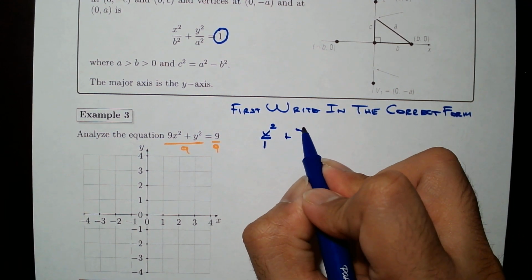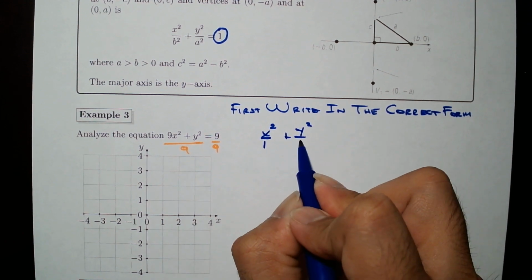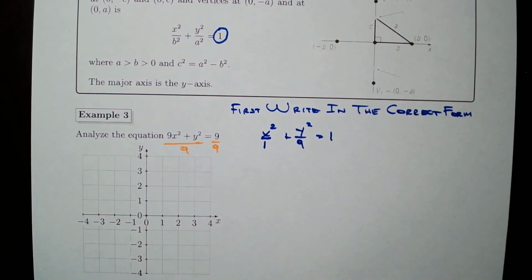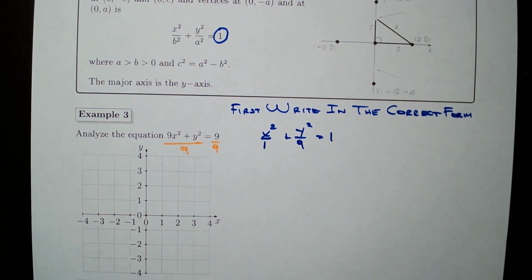And then plus y squared divided by 9, and then 9 divided by 9 is 1. All right. So now from here we will be able to identify our a, b, and c.